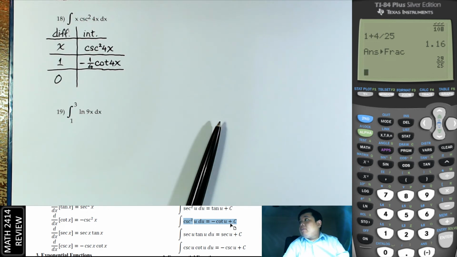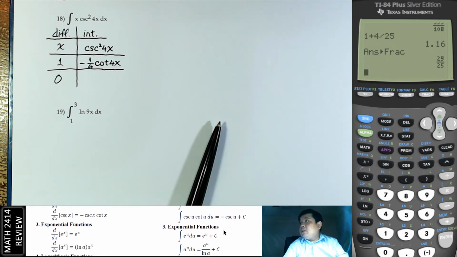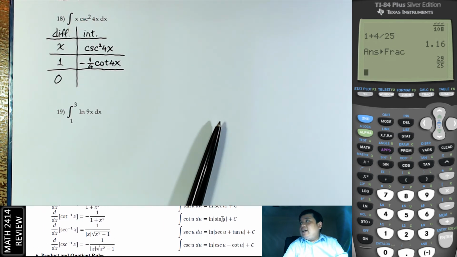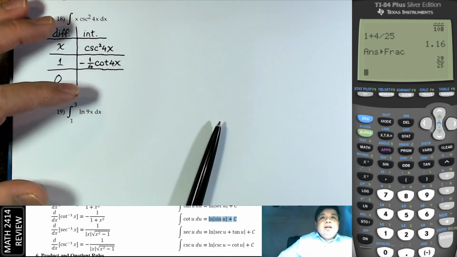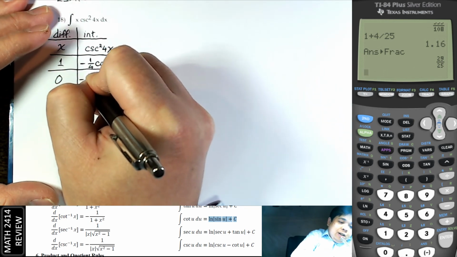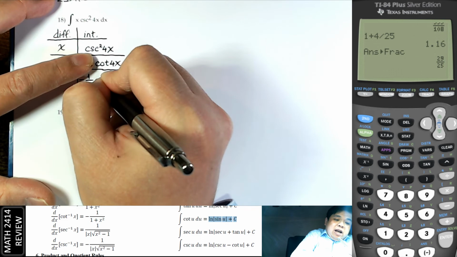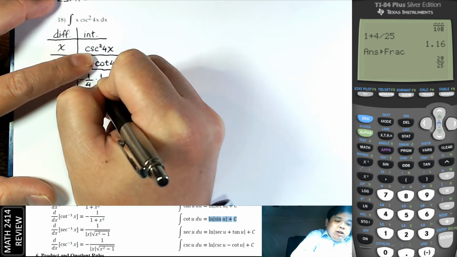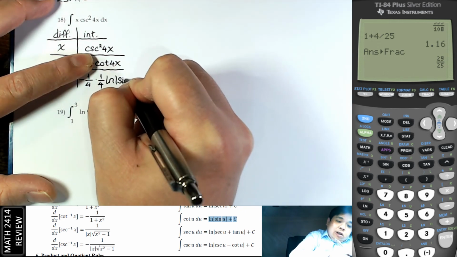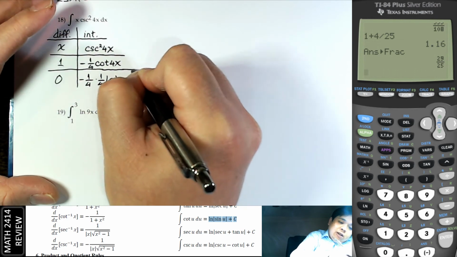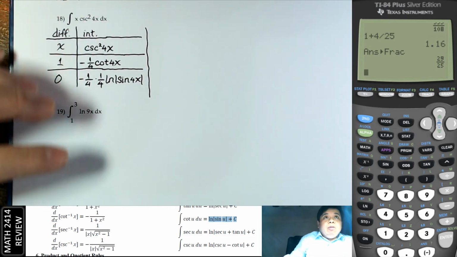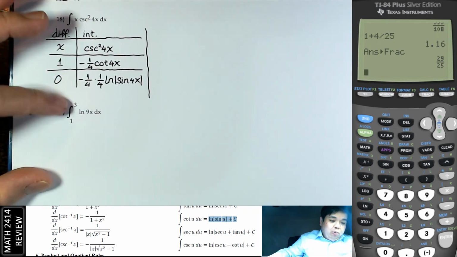Now, an integral of cotangent is going to be that. But then there's a 4, so we want to put another 1/4 ln sine of 4x, and that's all we want to go to, because the diagonal, everything after that will be 0.